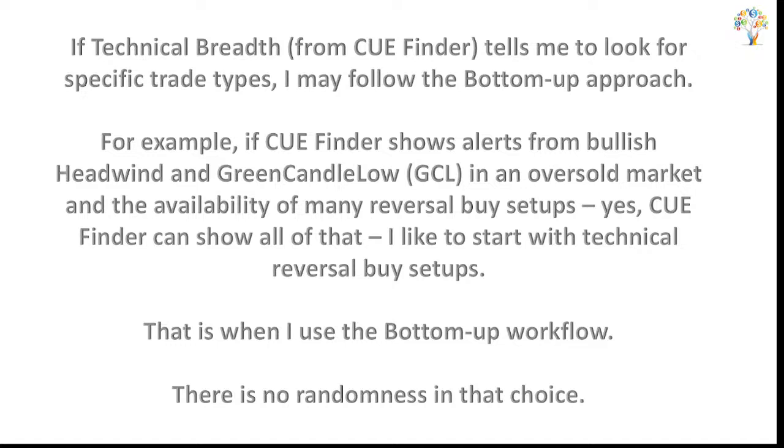If technical breadth from QFinder tells me to look for specific trade types, I may follow the bottom-up approach. For example, if QFinder shows alerts from bullish headwind and green candle low (GCL) in an oversold market and the availability of many reversal buy setups, yes, QFinder can show all of that visually.